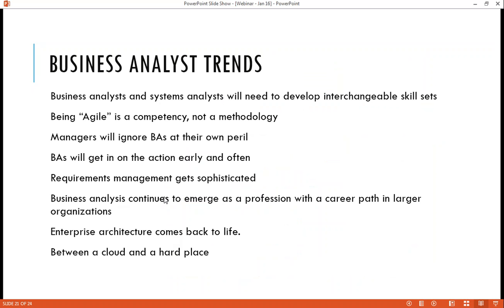So it looks very promising. Any questions so far? Any questions so far?